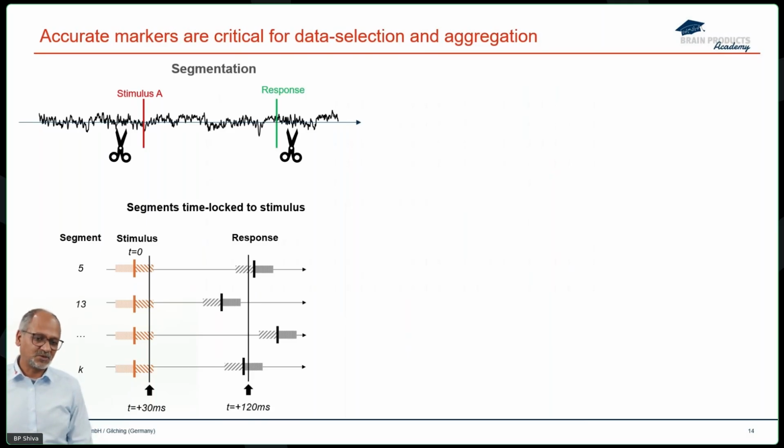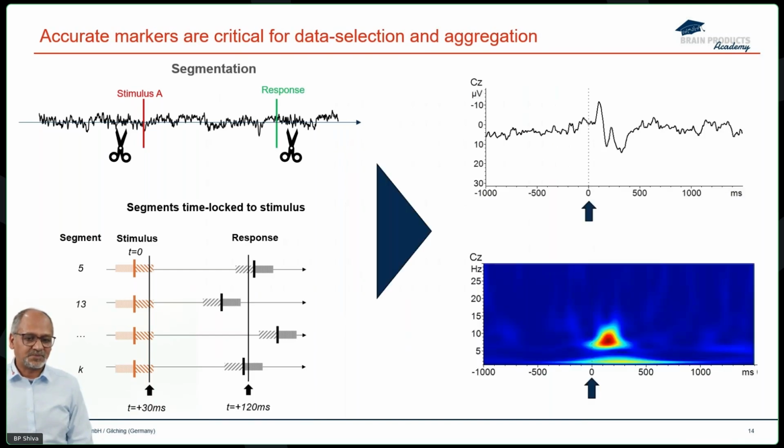This is obviously very crucial when there are many types of events in the experiment. And these are critical steps at the starting point that inform subsequent advanced analyses for ERPs and for other analyses that are based on events. And the quality of these markers directly impacts the quality of the results obtained with these analyses.